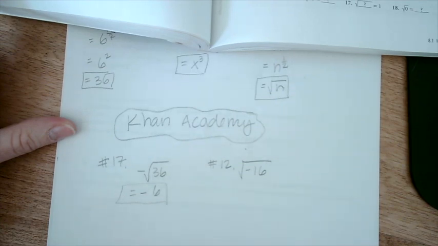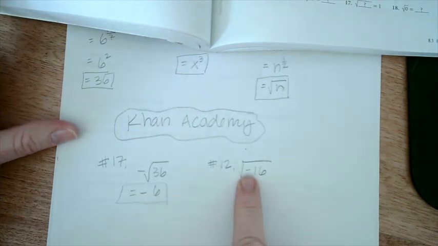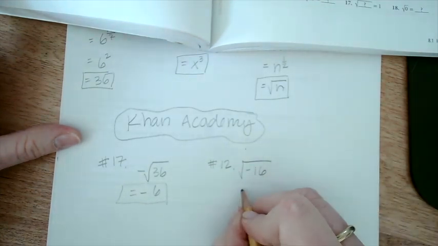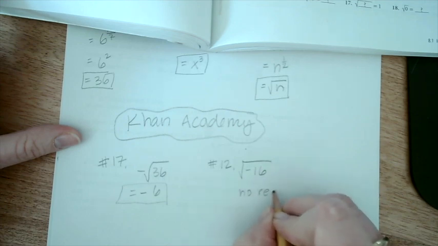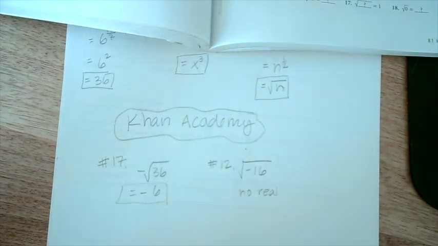If there are no real number values that would make the statement correct, write no real. Here we did have a number, it would be -6. But here, when you have a negative inside, when your radicand is a negative, that is going to be no real, because there is no real number value that would make this statement correct.